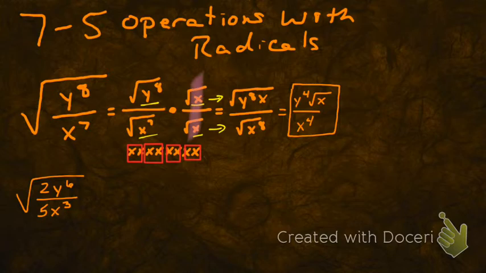Can anybody tell? 5x. You're right. We need a 5 because that 5 is lonely. And we need an x because they have 3 x's, and we would have a group and we would have a lonely.